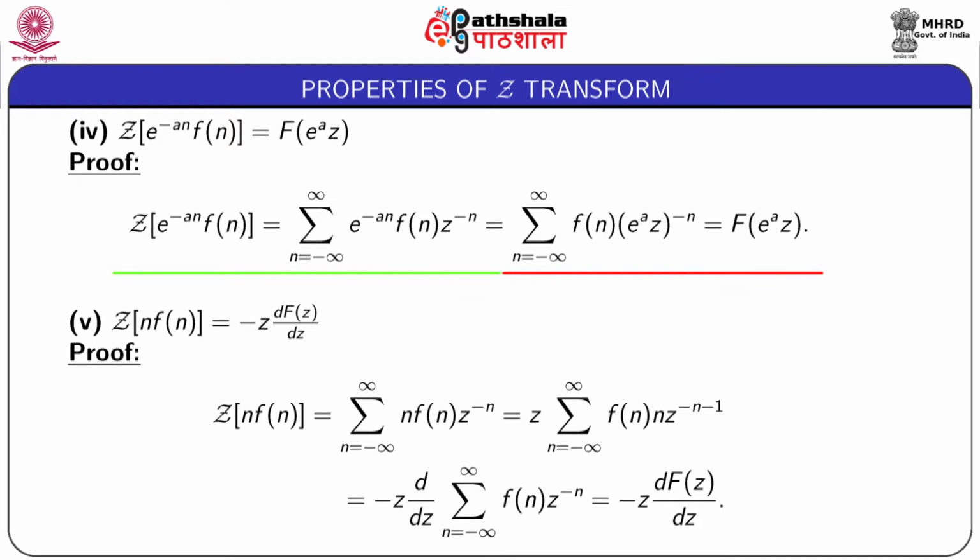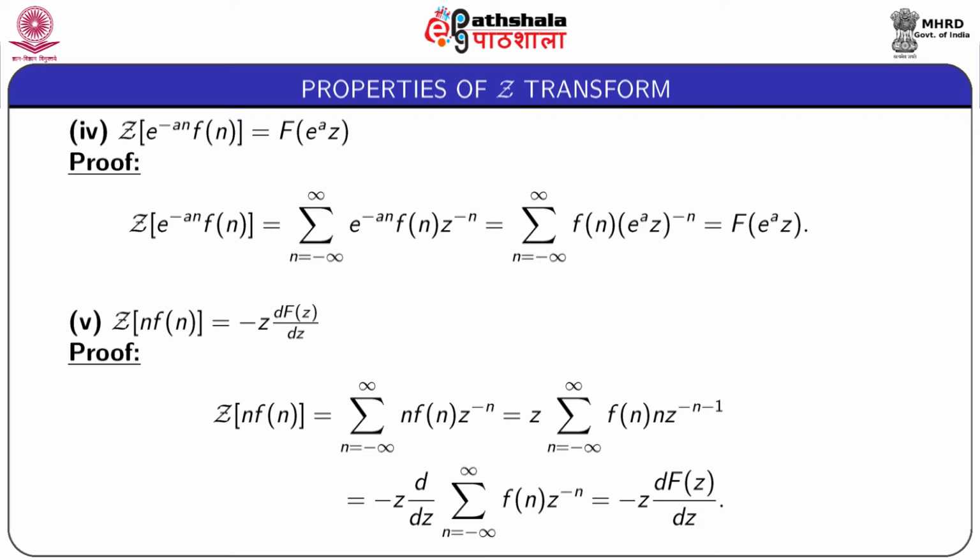This we can write as summation n equal to minus infinity to plus infinity fn e to the power a into z whole to the power minus n, and that is equal to F of e to the power a z.